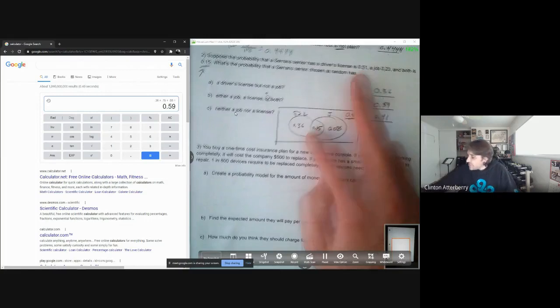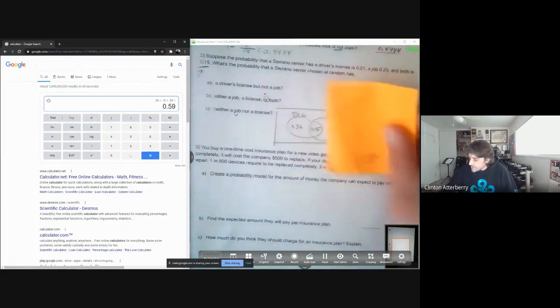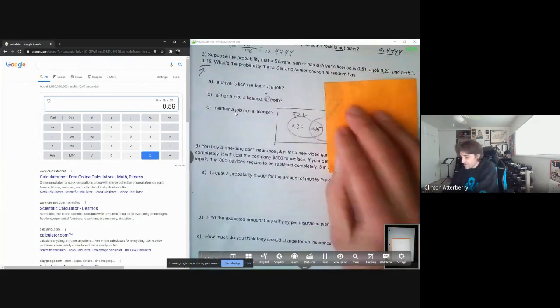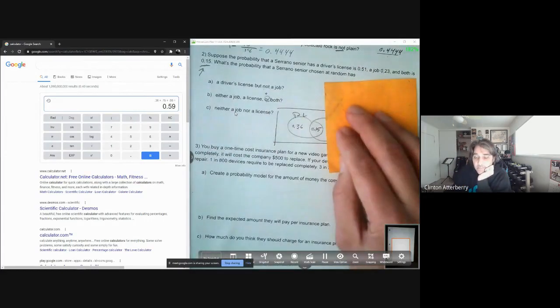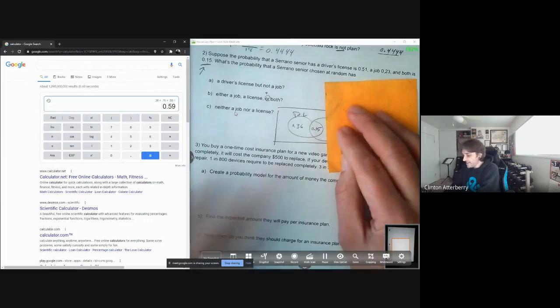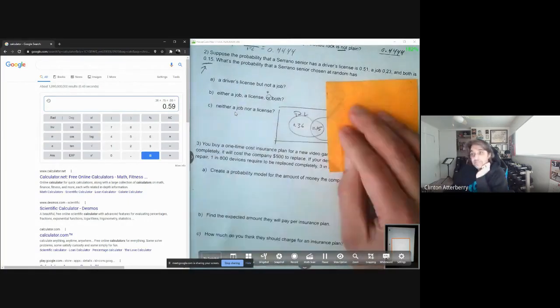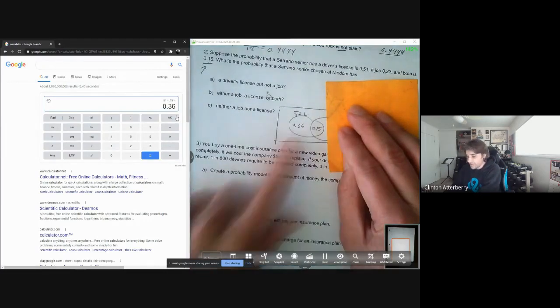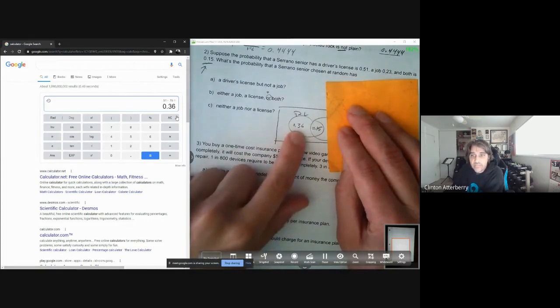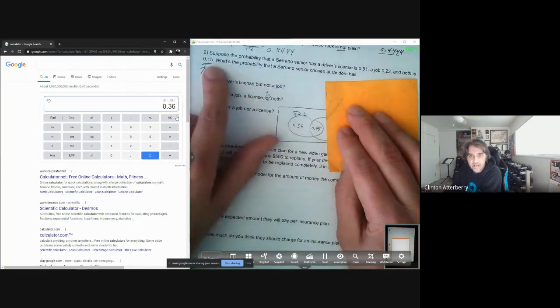So if you take out the job people, this circle is 0.36 and 0.15. Add it together, make the 0.51. So that's where I took the 0.51, took away the 0.15, and got 0.36. So this says 36% of the students have a driver's license without a job, because we know 15% have both.